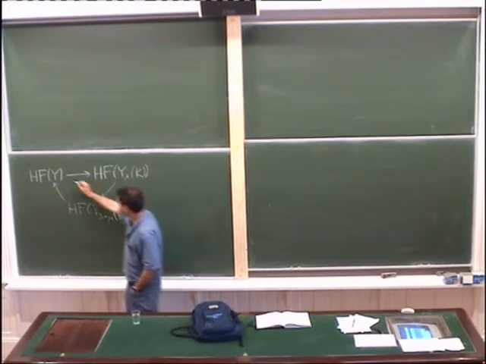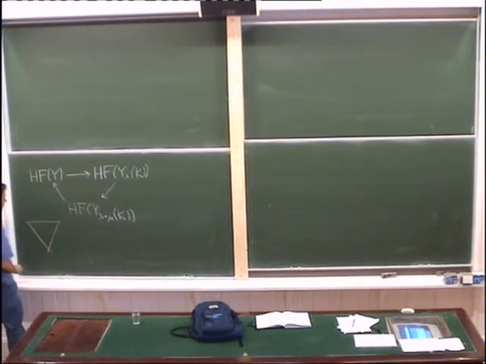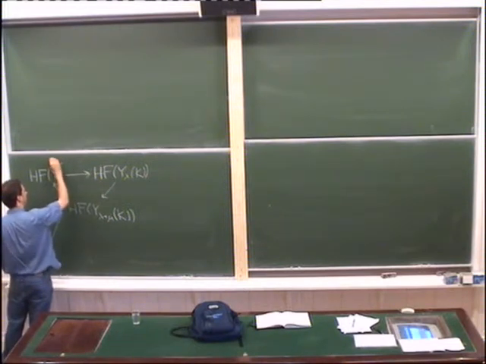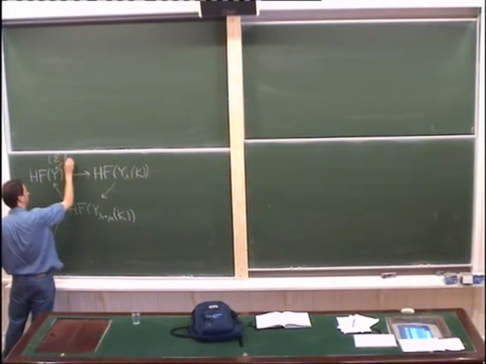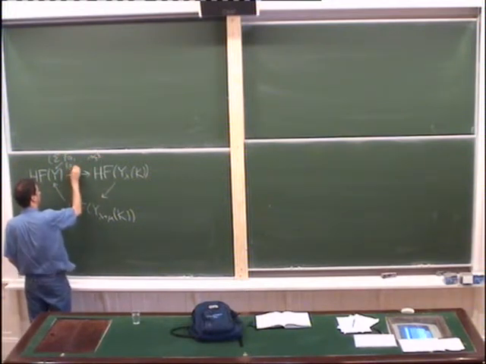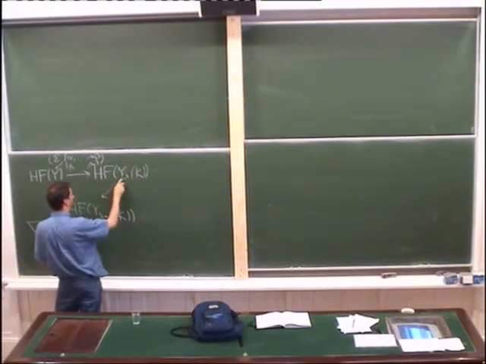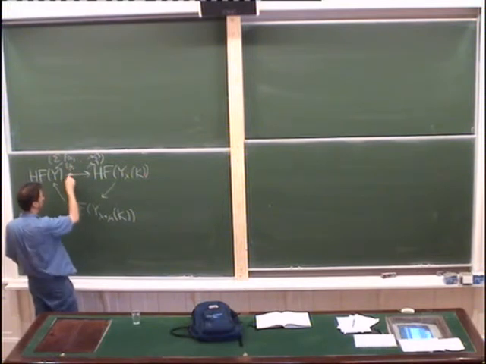So we constructed these maps by counting holomorphic triangles. Remember? So the Y was specified by a Heegaard diagram, alpha 1 through alpha g, beta 1 through beta g. And similarly, Y lambda of k is specified by basically the same pair, except the last beta circle was changed.